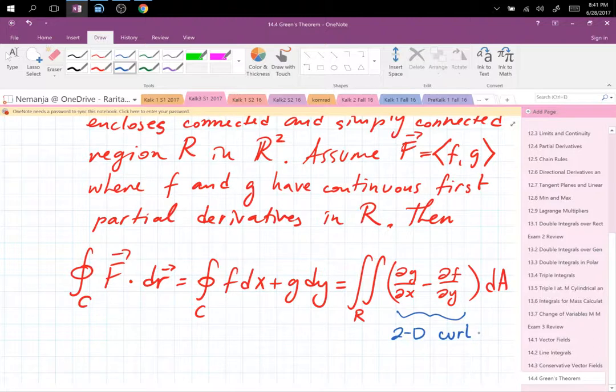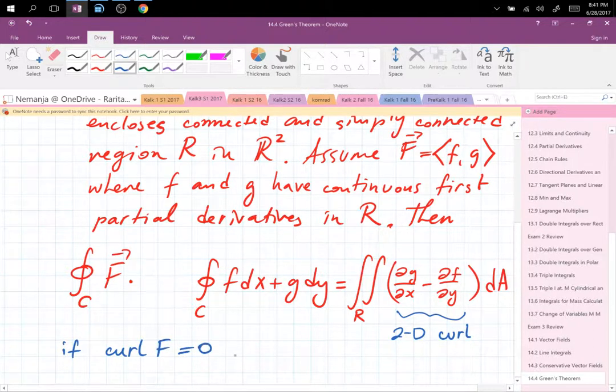Curls, curling. So these are the words that are used. So if curl of F equals 0, the vector field is irrotational.